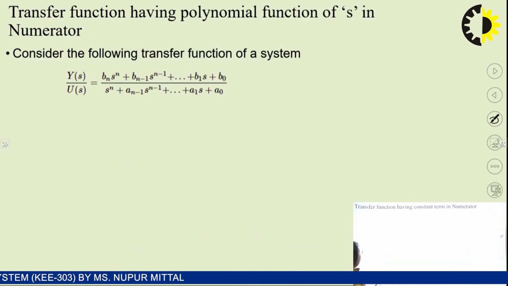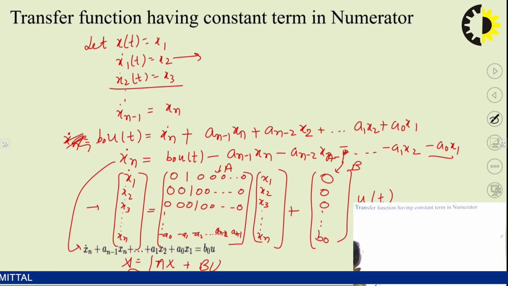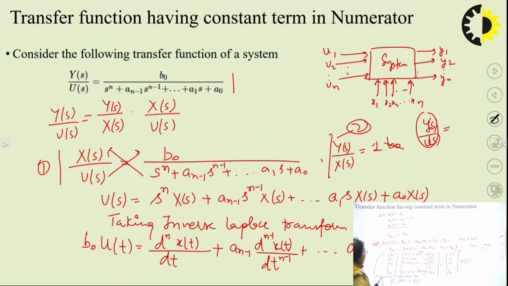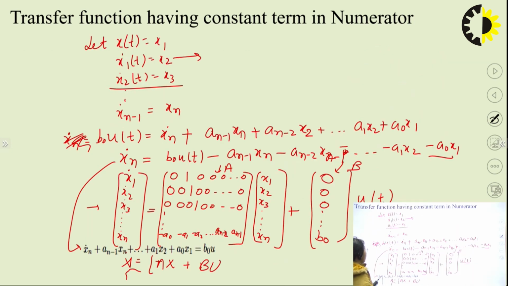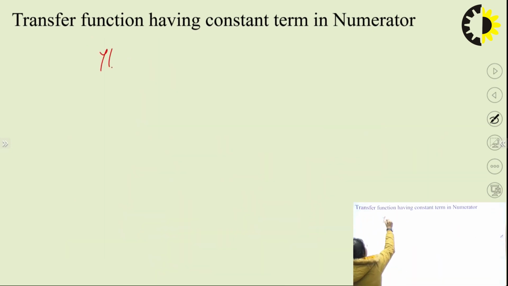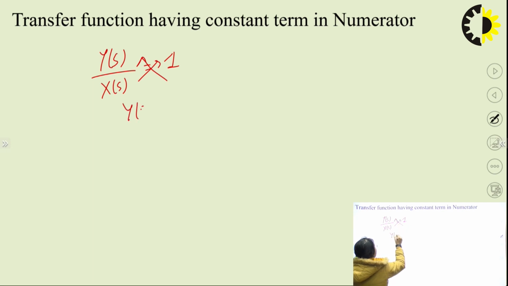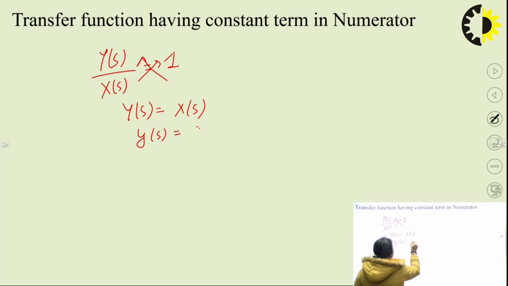Now finding the output equation. The output equation I have taken here is Y(s)/X(s) equal to 1, as I am left with. So Y(s)/X(s) will be equal to 1. Cross multiplying, I am getting Y(s) equal to X(s), and X(s) is equal to x1, as we assumed last. So y(t) is equal to x1.